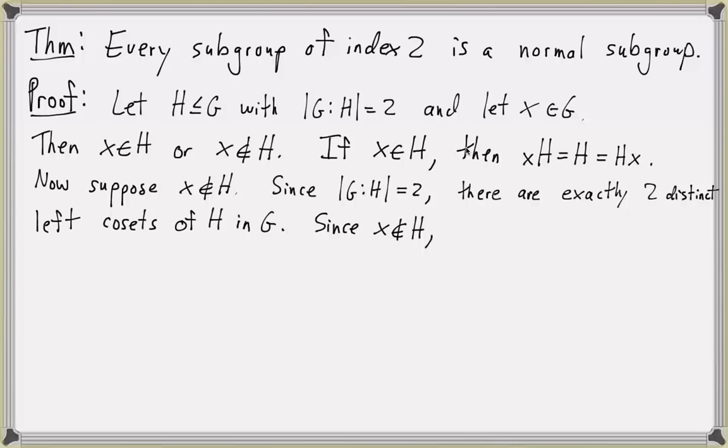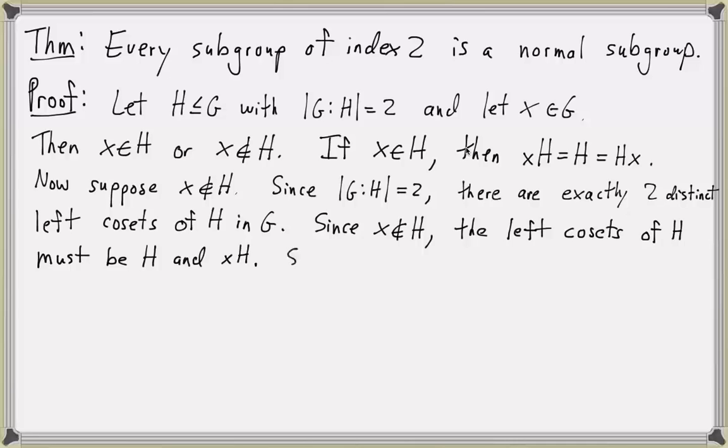Now, since X is not an element of H, and we know there's exactly two distinct left cosets of H in G, the left cosets of H must be H and XH. So these are the two left cosets of H, and these are disjoint sets. So every element in G is either in H or in XH.